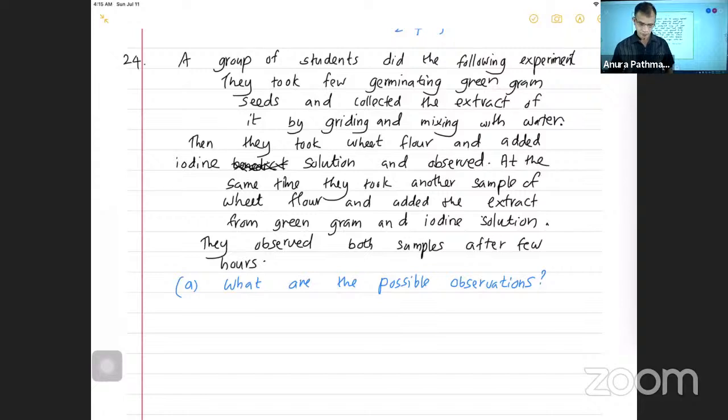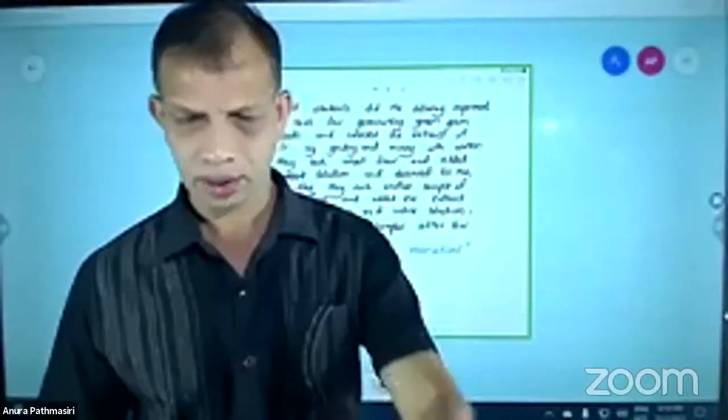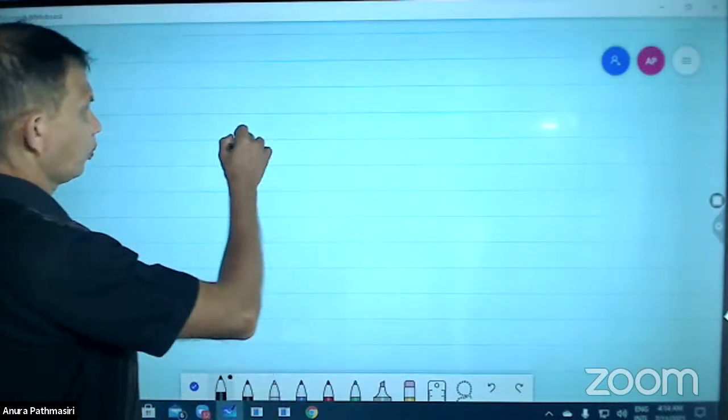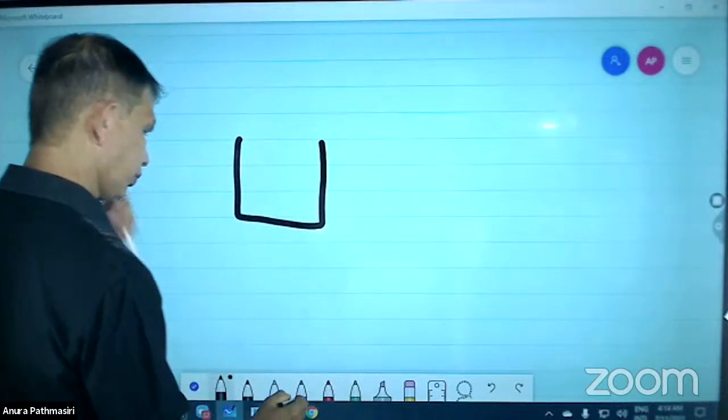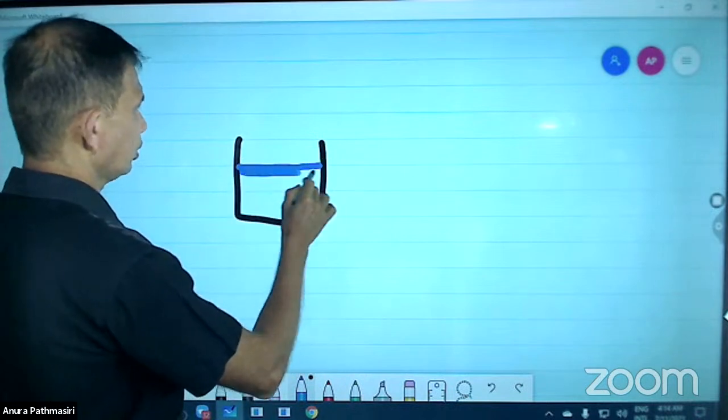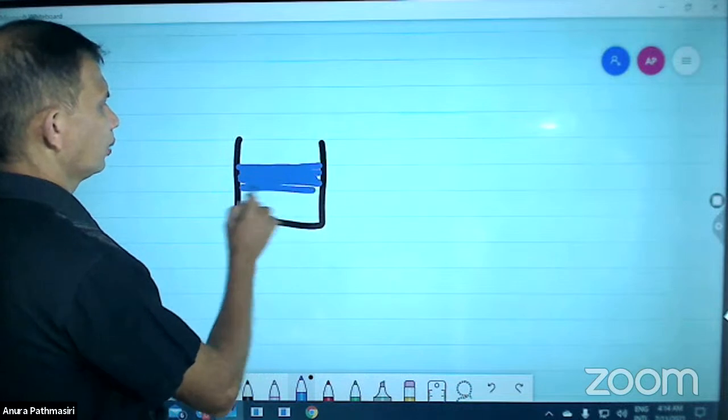All right. Then they took another sample of wheat flour and added the extract from green gram and iodine solution. So now they have two solutions, as I explained here. Look at the board. They took two samples, right? In one, they have starch and iodine solution, which would turn blue.